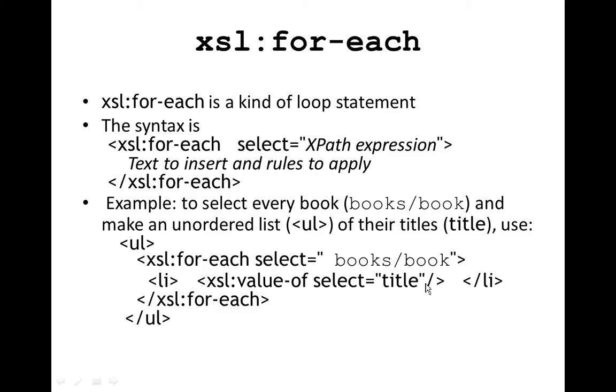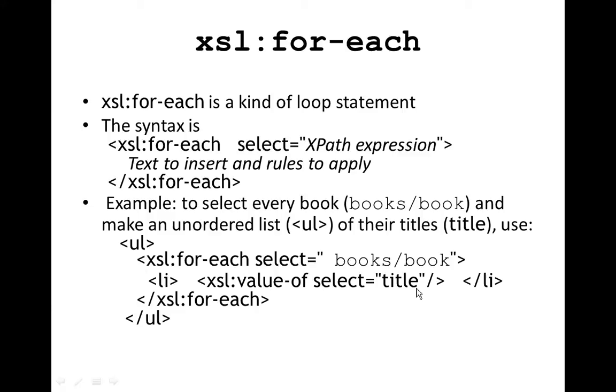You open up your li command, you close it over here, and inside here we're already seeing the value-of select. In this case, we're in book, so we're going to be looping over, say, 100 books. It's going to loop through every book node, and inside of that it's going to look for an element called title, and it's going to grab that title.